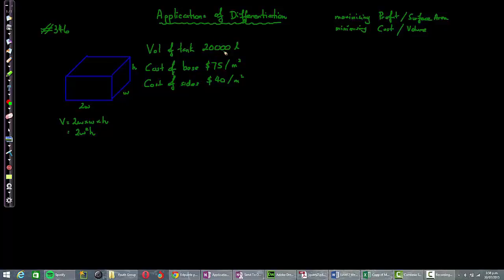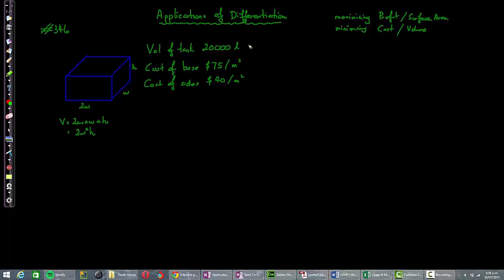It's 20,000 litres. Now notice these units though, these are in meters squared. Something about the cost of the area of the sides and the base. But this is in litres. Well, meters and litres, they're just not compatible units. They're different units.